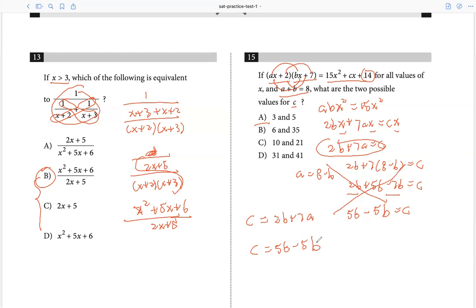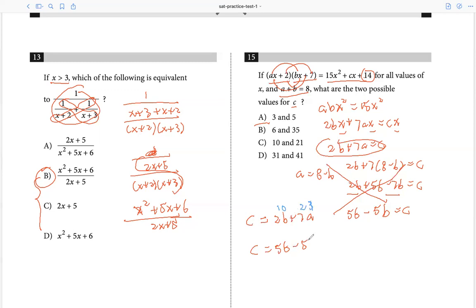All right, so let's check. So a is 3. Let me change my color. So if a is 3, 3 times 7, we get 21. Right? And b is 5, 2 times 5, we get 10. And let's see this one.